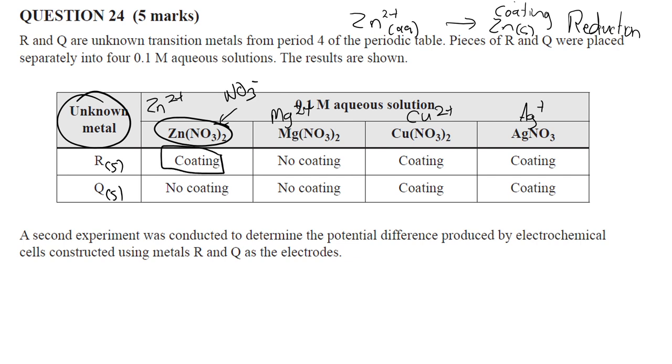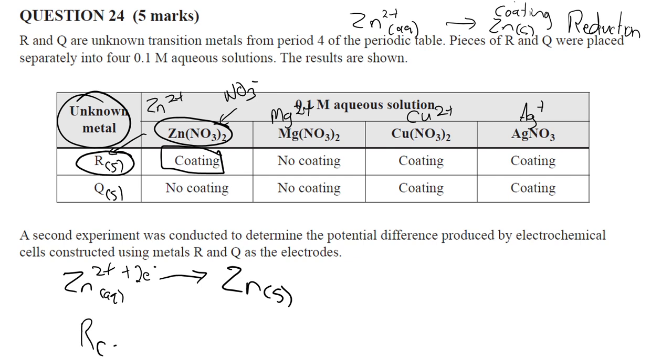If we look at this first one here, what's actually happening is that zinc is being reduced. And when we're reduced, we're gaining electrons. Now, where does it get those electrons from? It's getting those electrons from R. So what's actually happening to R is that it is oxidizing.